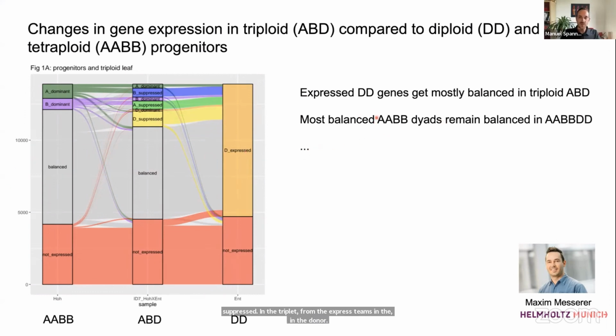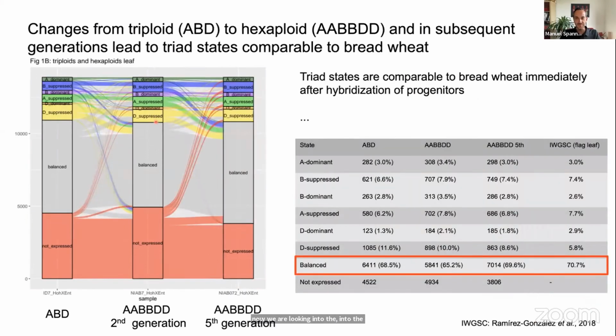From the other side, most balanced A and B gene pairs remain balanced here, but also some of them go into the other categories. So you see there is a lot of dynamics going on here, and now we are looking into the epigenetic marks in the course of that project.